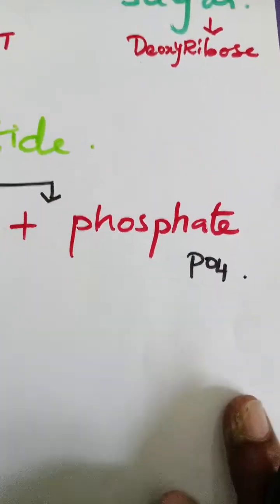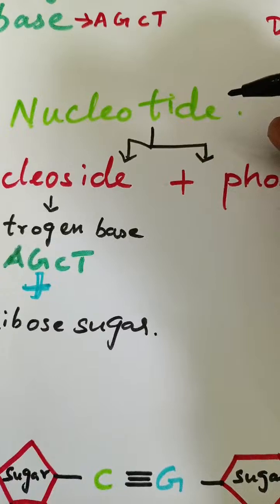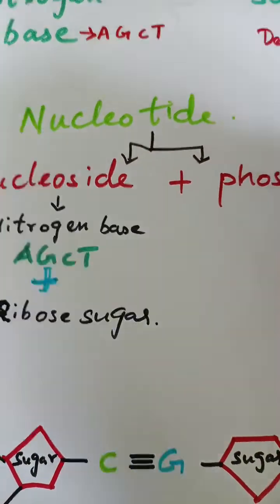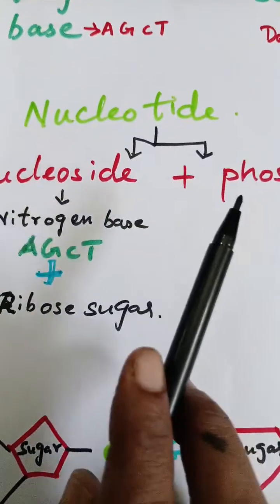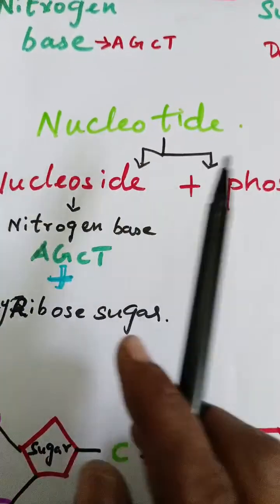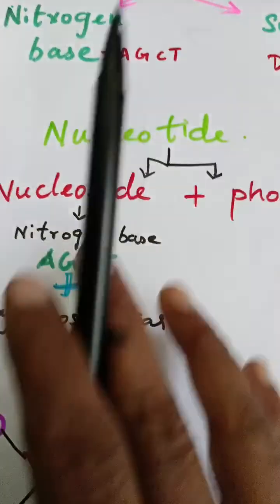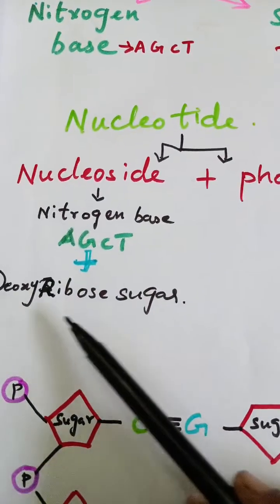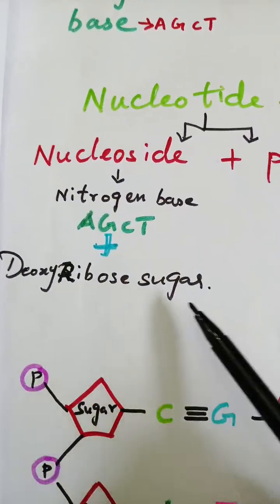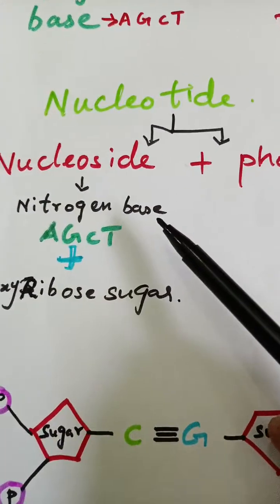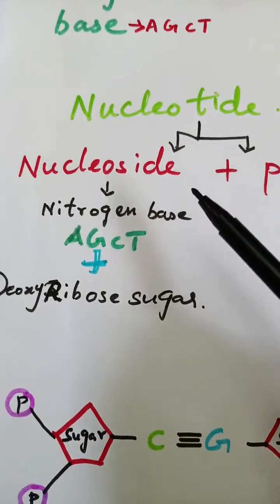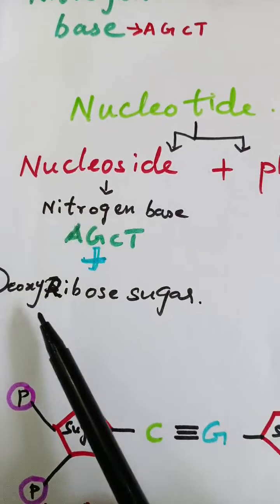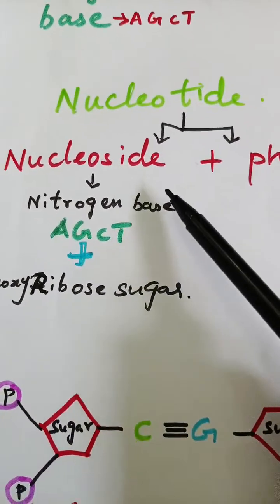Okay, so the nucleotide, I told you what is the DNA. DNA is a polynucleotide, I told you. What are the parts of this polynucleotide? It will have a deoxyribose sugar, and it will have a nucleoside. The nucleoside is nothing but the deoxyribose sugar and the nitrogenous base.